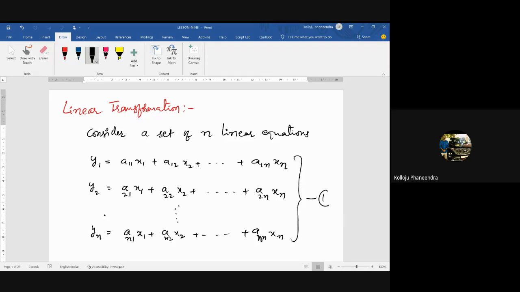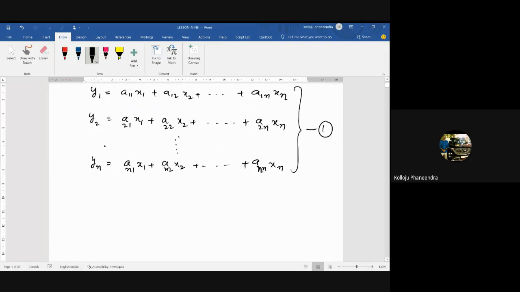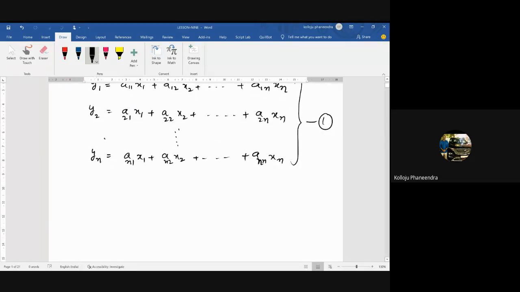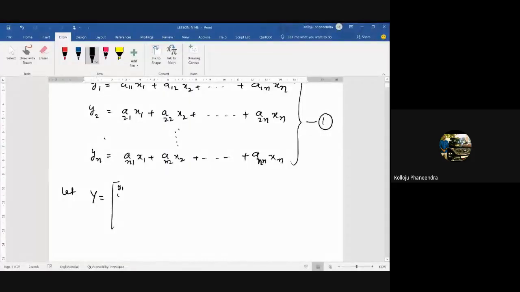Take this as equation 1. To represent the system in matrix form, let capital Y equal to y1, y2, up to yn, a column matrix. Similarly, the matrix X, the solution vector, is x1, x2, up to xn.